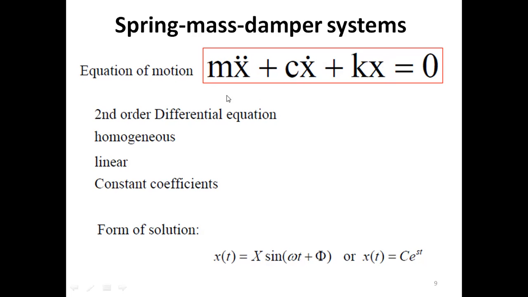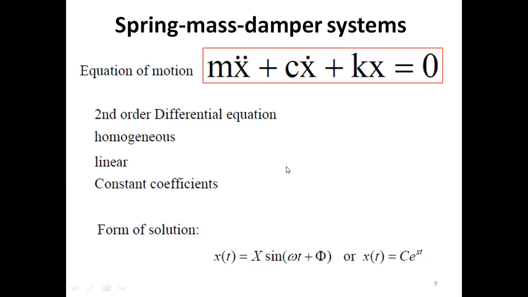They are constants; they are not changing during the vibration. So we have a linear second order homogeneous differential equation with constant coefficients.